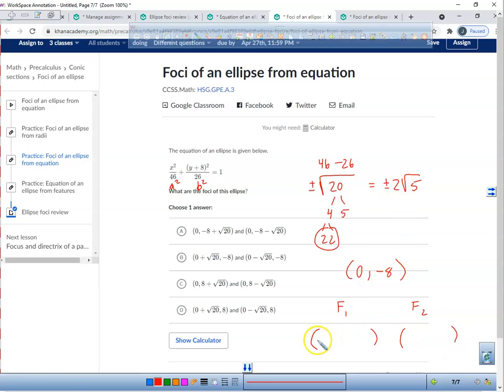I'm going to do a negative square root of 20, negative 8, and a positive square root of 20, negative 8. So they put 0 minus square root of 20, negative 8, and 0 plus square root of 20, minus 8. So it looks like it's going to be answer choice B.